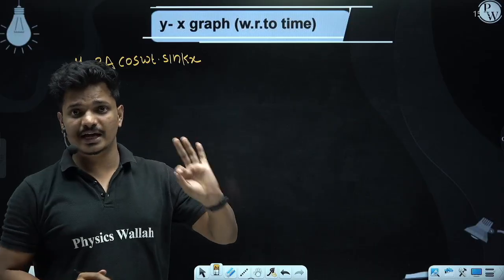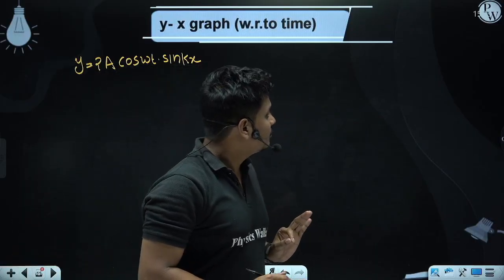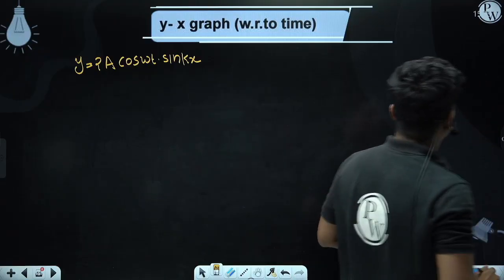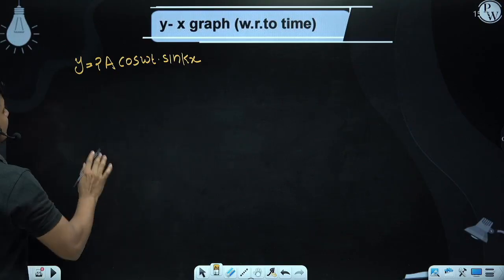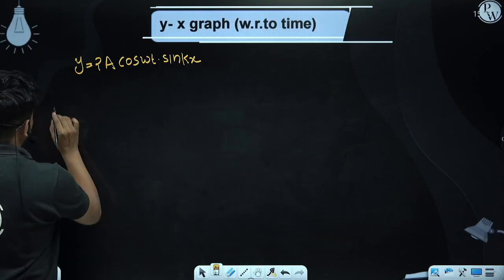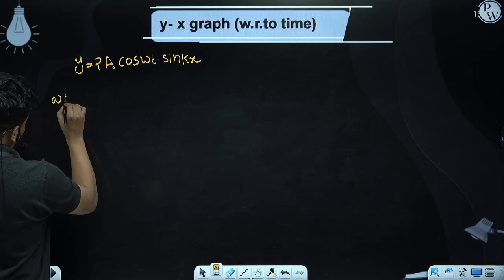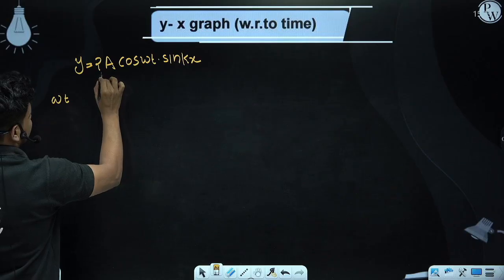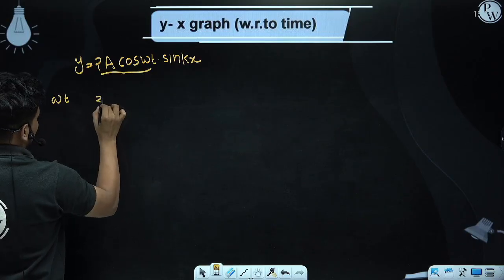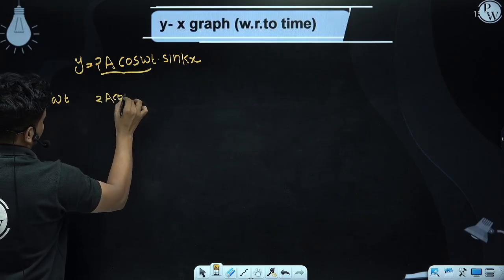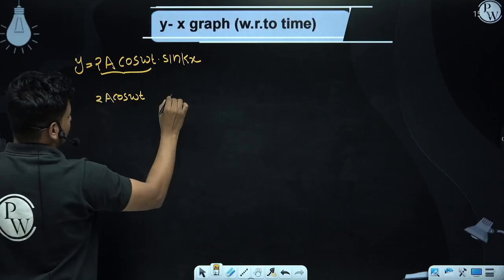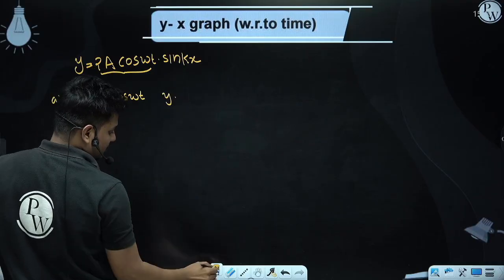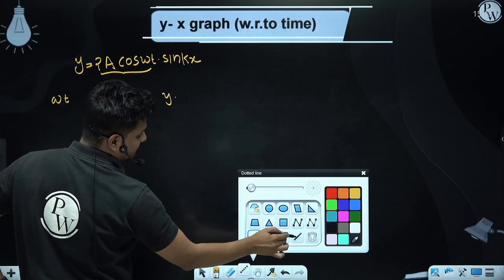Then I am going to draw the table: omega t, then 2a cos omega t, and then the whole y value.